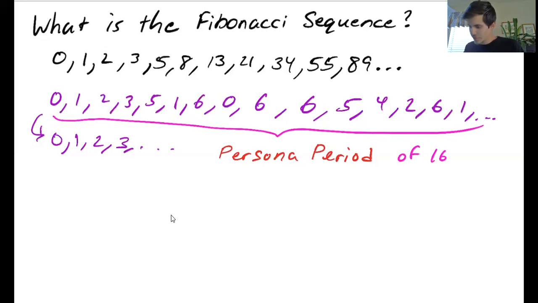The amount of numbers you see here should be 16. 1, 2, 3, 4, 5, 6, 7, 8, 9, 10, 11, 12, 13, 14, 15. Well, should be 16. Oh, I'm missing a 1 here. I see.